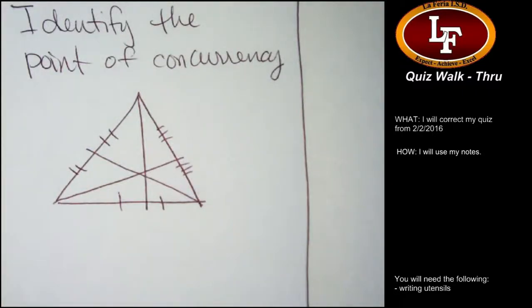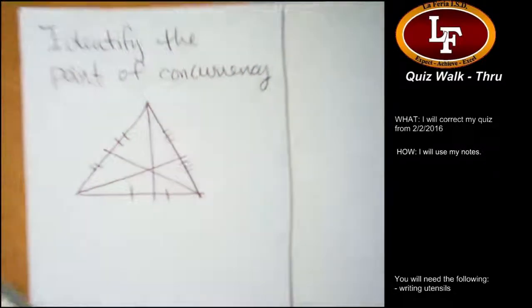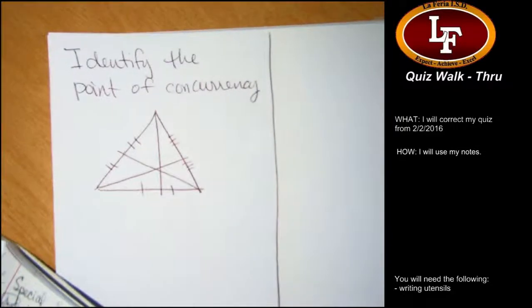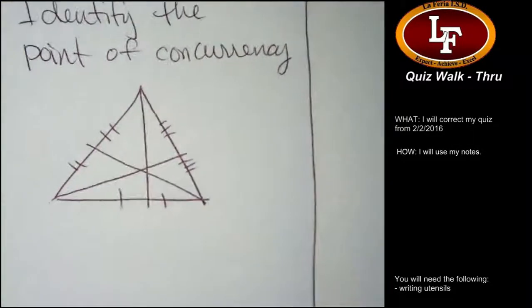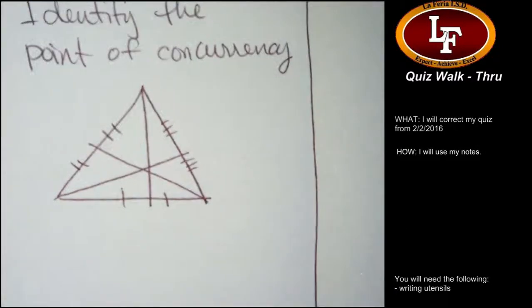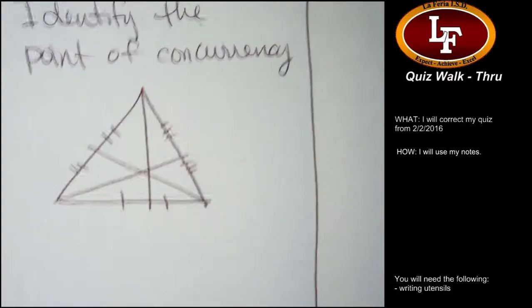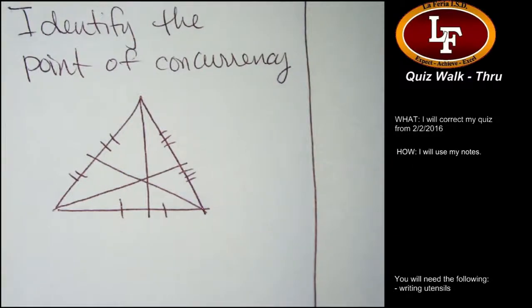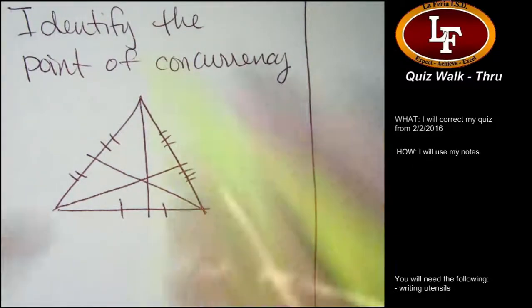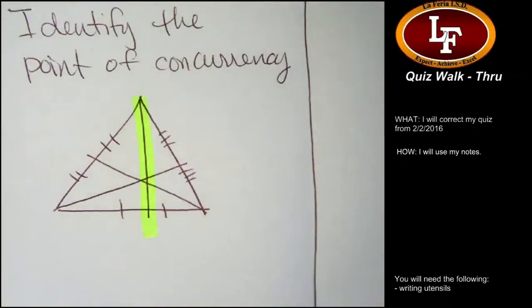Point of concurrency. That's a special point in a triangle, so I'm going to go to that section. He's saying it's a centroid. The big question you have to ask yourself is, what kind of special segments am I looking at? Yeah, I have a triangle, but if I look at, say, this one right here, which segment is that?